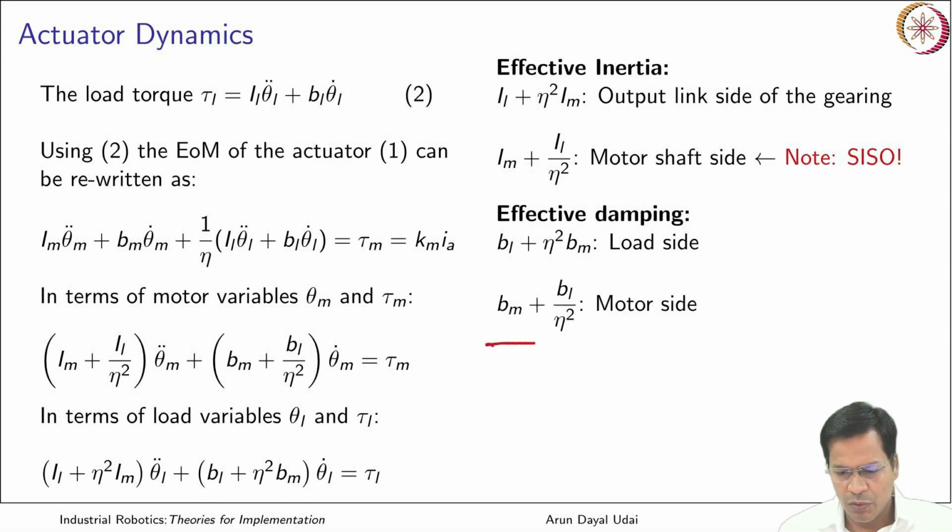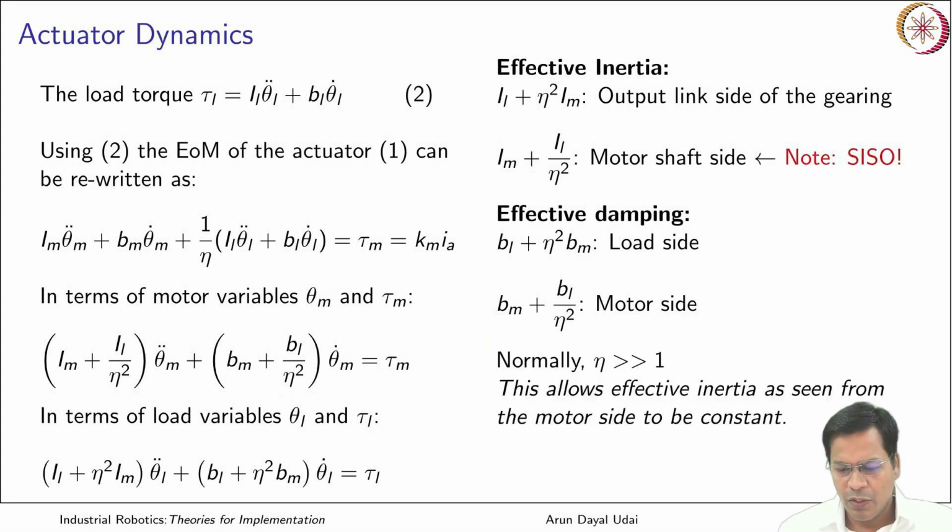And from the motor side you see less damping due to the load side, and total damping has increased also, but to a very small extent coming from the link side. So the motor side will see this much damping, that is here. And normally eta is very much greater than 1.